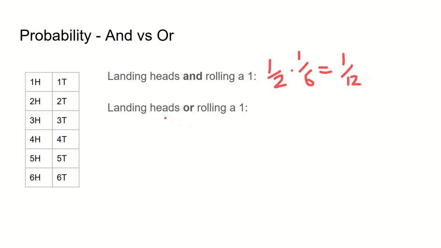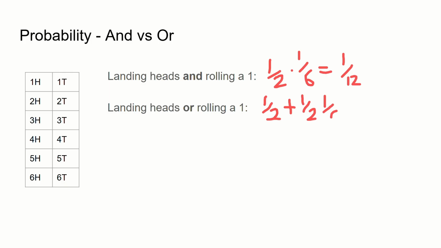But what about landing on heads or rolling a 1? And so we could either land on heads or roll a 1 or do both. So landing on heads is 1/2, rolling a 1 is a sixth. So a half the time we land on heads, but then the other half of the time we could still roll a 1.